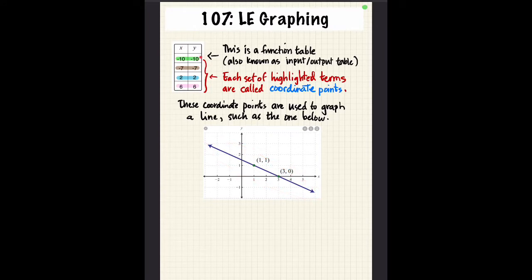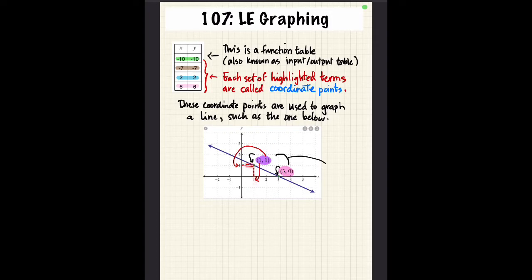So when you have a set of coordinate points, you look for it over here in the grid. So for example, we have two sets of coordinate points. 1, 1. And why is it 1, 1? Because if you look over here, this is 1, see?